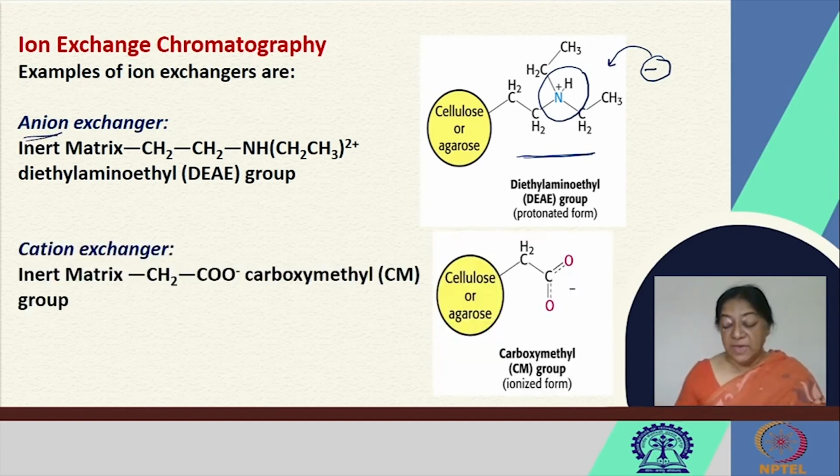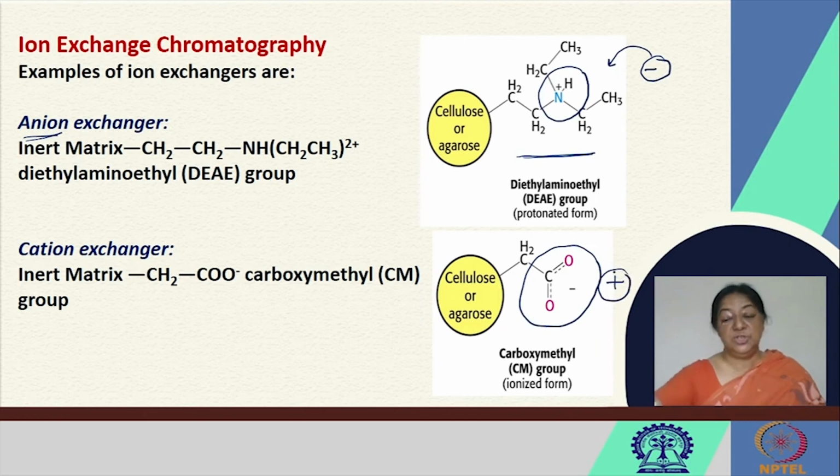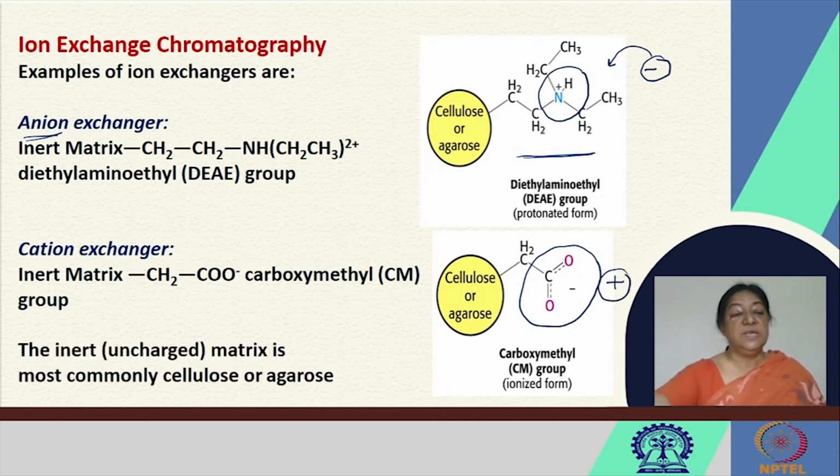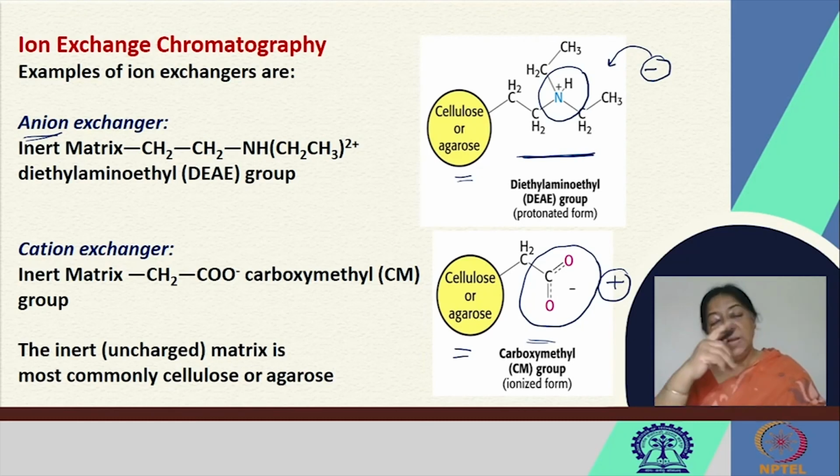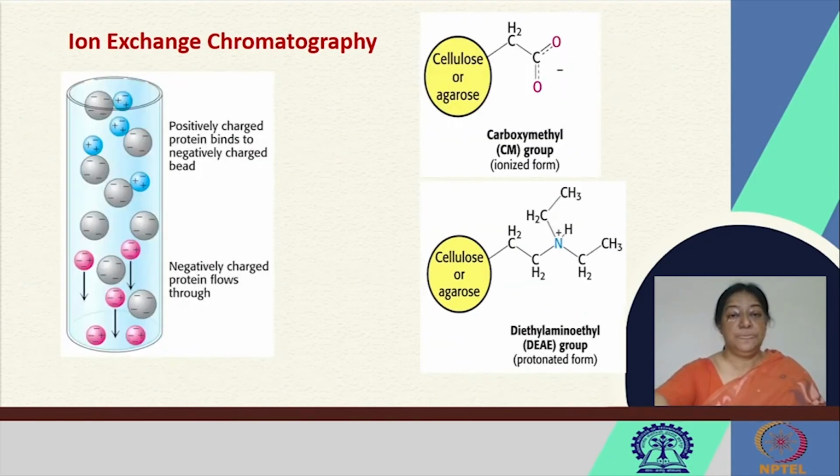Similarly, we can have a cation exchanger where our resin is negatively charged and our protein that would bind to this is positively charged. We can also have just the inert uncharged matrix, usually cellulose or agarose, to which the DEAE or the carboxymethyl group is linked. So depending upon the charge of the protein, we will have this separation.